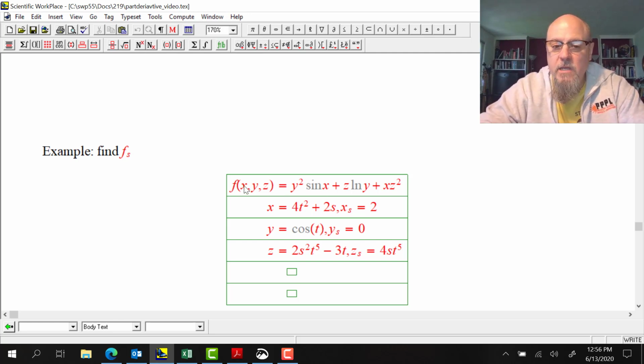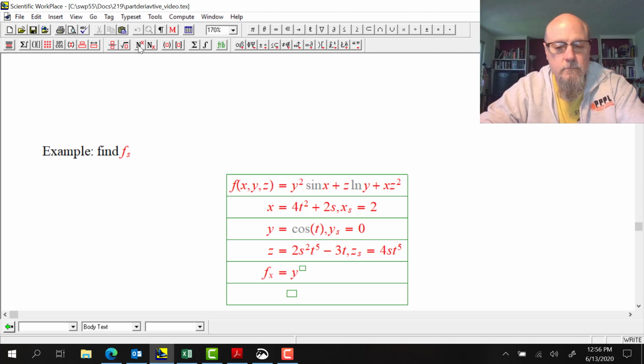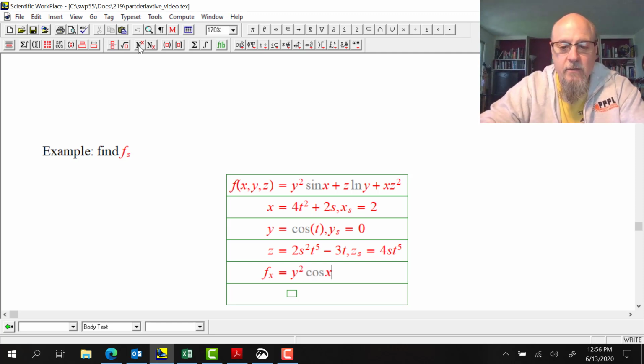Now I need my f sub x, f sub y, and f sub z. So f sub x, taking the partial derivative with respect to x, is going to be y squared cos x, that's a 0, plus z squared.